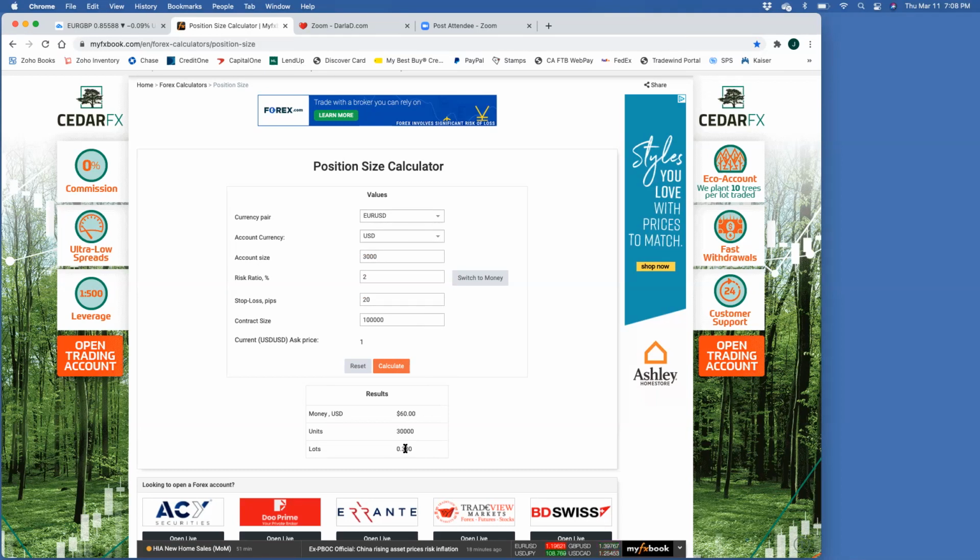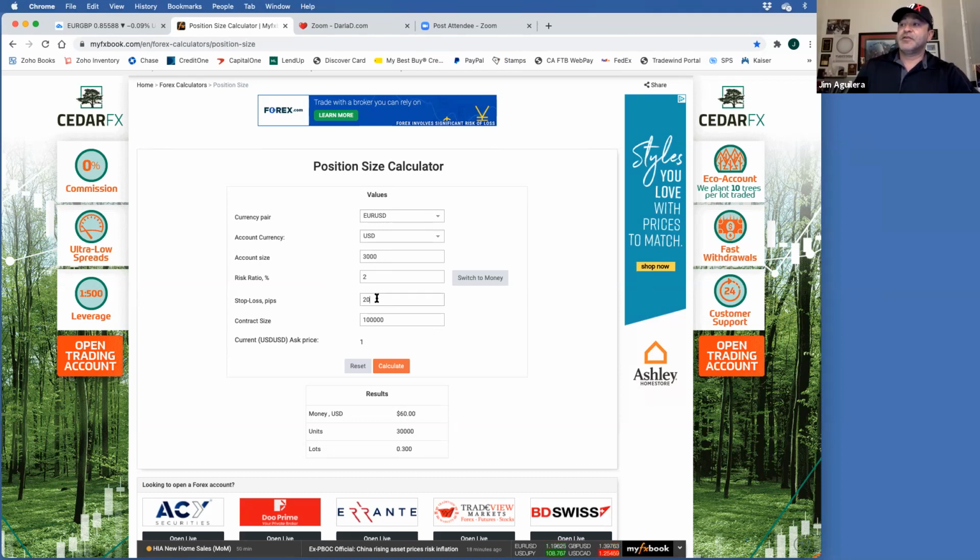Basically, if I use a 0.3 lot size and my trade hits stop loss before it hits my take profit, I'm going to lose $60 on that trade, which is 2% of 3,000. So it's pretty simple and straightforward.